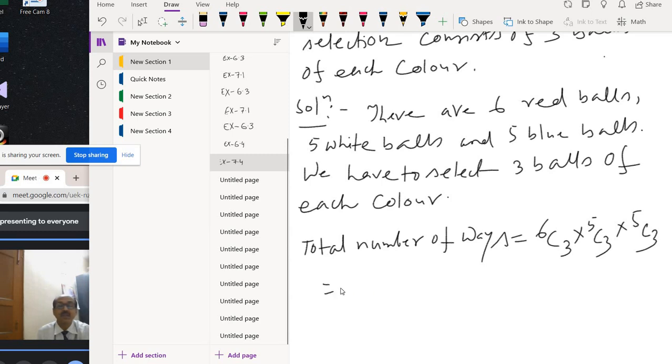So 6C3 means 6 factorial by 3 factorial into 6 minus 3 factorial, that is 3 factorial, into 5 factorial by 3 factorial into 2 factorial, into 5 factorial by 3 factorial into 2 factorial.